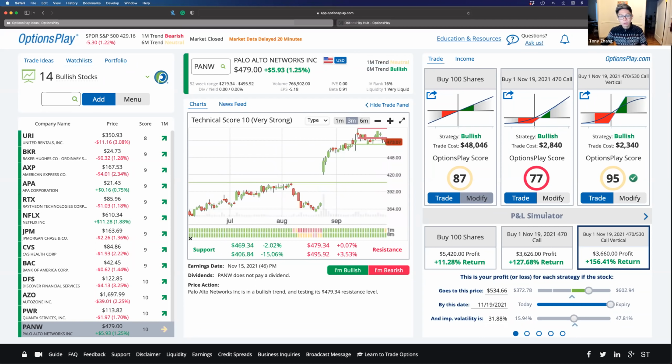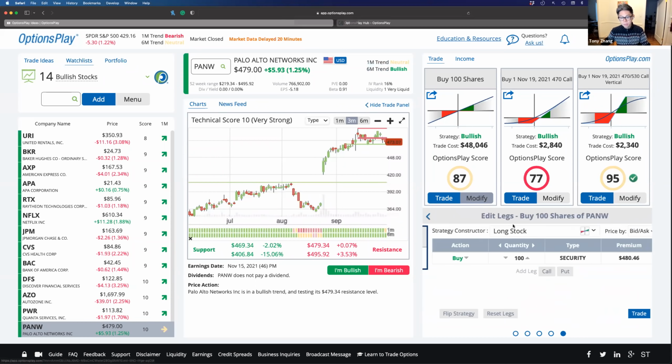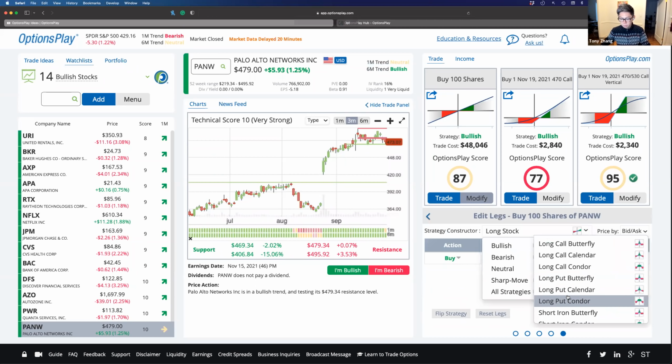And then once you do have a trade idea, let's say you have a specific trade setup, whether it's a setup that you created on your own, or a setup that you got somewhere else, like some other newsletter that tells you it's time to sell an iron condor on Palo Alto Networks. No matter where you get your ideas, put that idea into OptionsPlay.